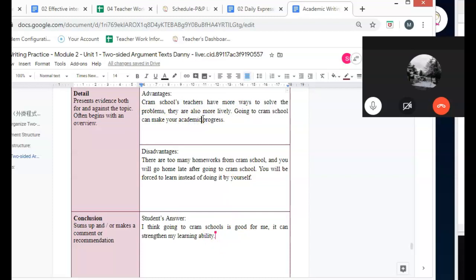I like that answer because you used another sentence which is about your academic progress. But you said here again, and you will go home late after going to cram school, the same sentence as before. So I want you to use more sentences. So now you have time to prepare, and then we will check next time.